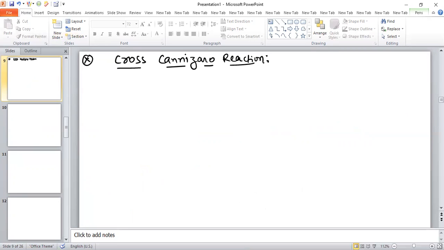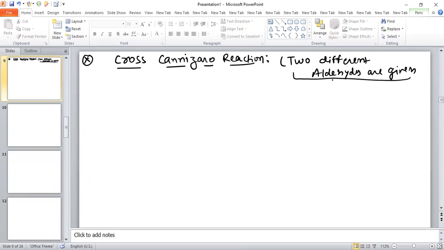Cross Cannizzaro reaction means two different aldehydes are given, and in these two aldehydes alpha hydrogen is absent. Then the cross Cannizzaro reaction will take place.